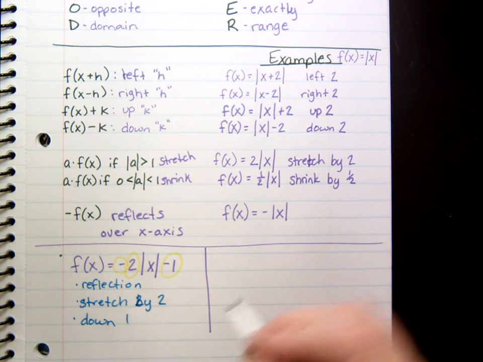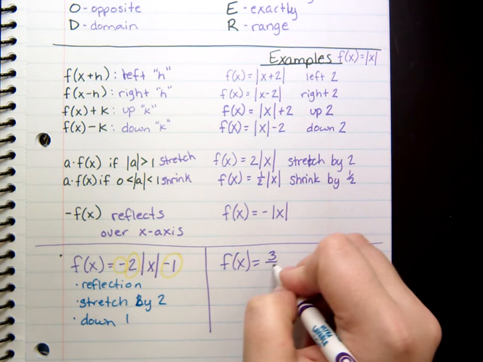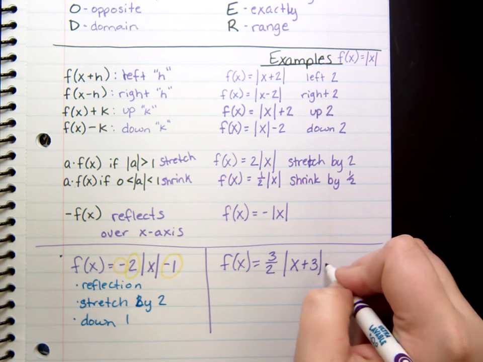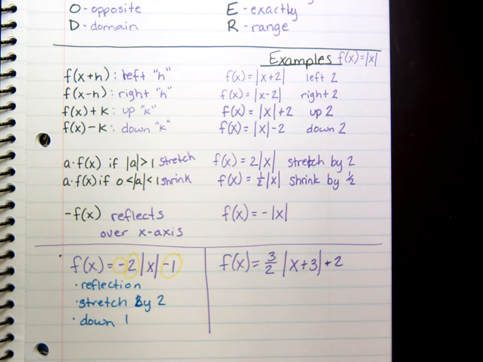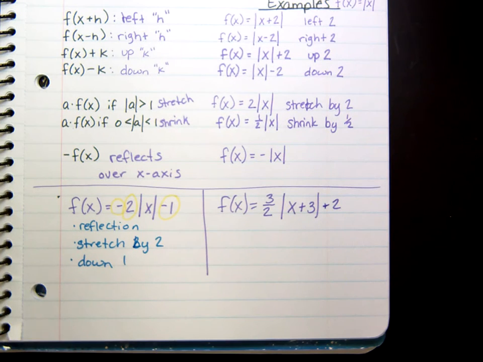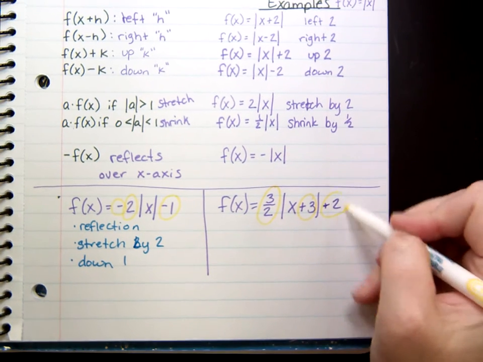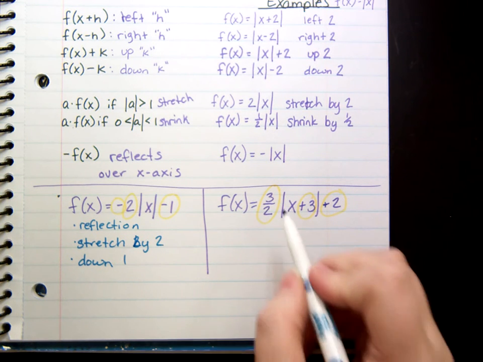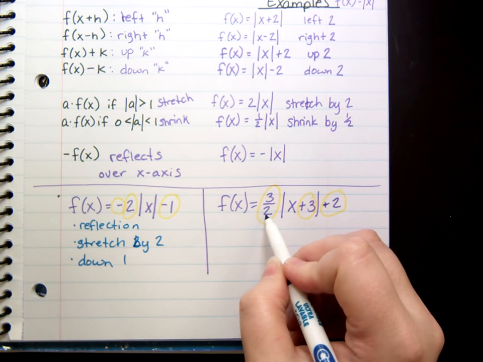So another example, f of x equals 3/2 absolute value of x plus 3, plus 2. Lots of 3's and 2's. In this one, there's also 3 things that were done. We've got the 3/2, this 3, and this 2. So the 3/2, don't let the fact that it's a fraction fool you. 3/2 is bigger than 1.